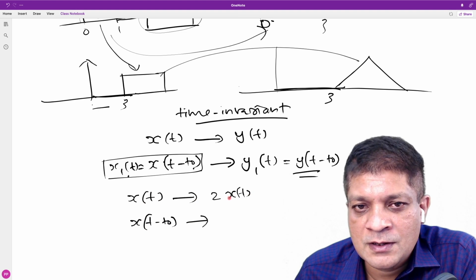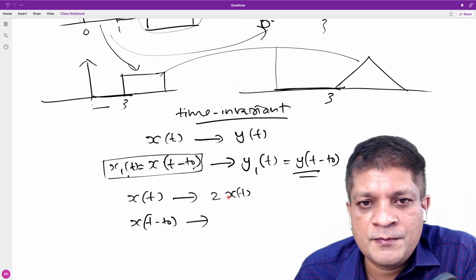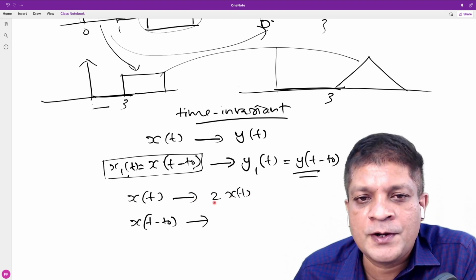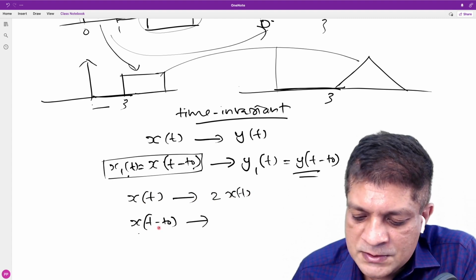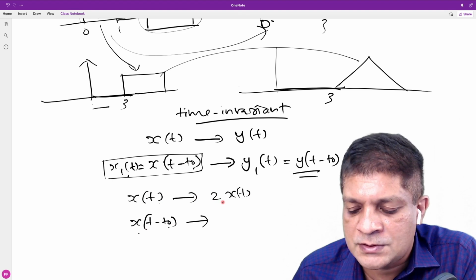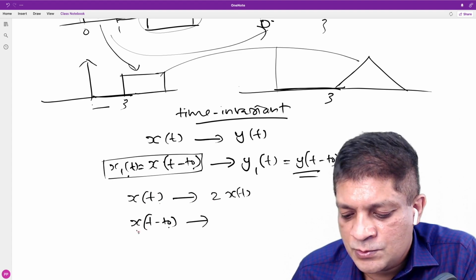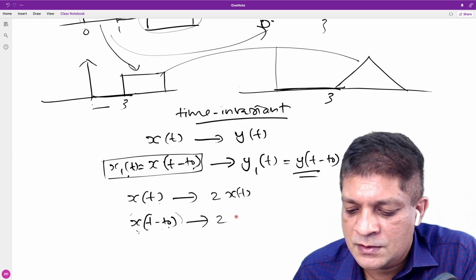It is an amplifier. Whatever input you are giving to the system, it is amplified by a factor of 2. If x(t minus t naught) is the input to the system, what will be the output? It is 2 times the input signal.